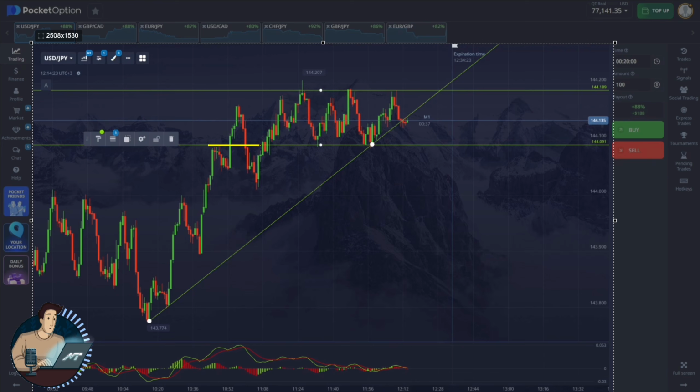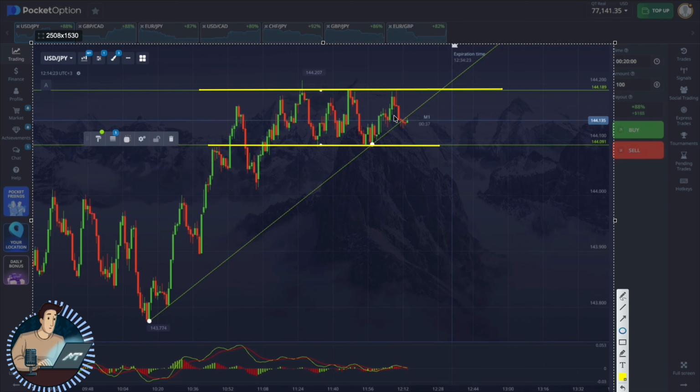And right here, see this? Price gets stuck between two levels. Small candles, tight range. Volatility is basically dropping to nothing. This is consolidation. The market is like a spring that's compressing, and it's going to release in one direction or the other.